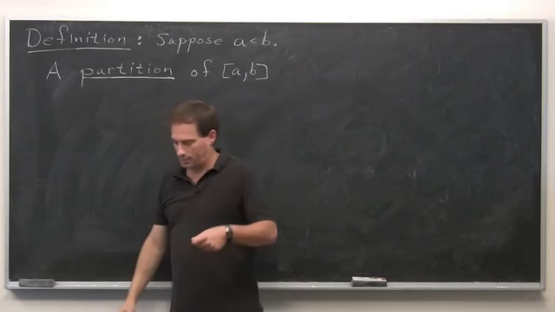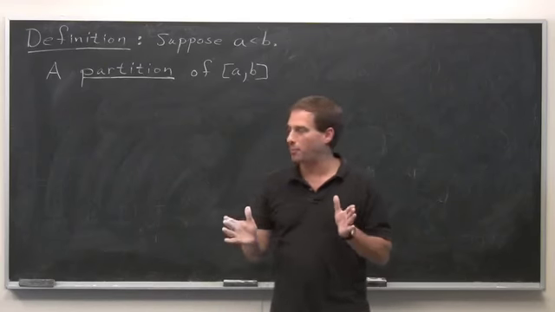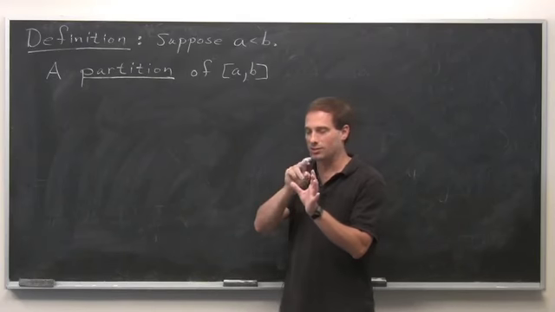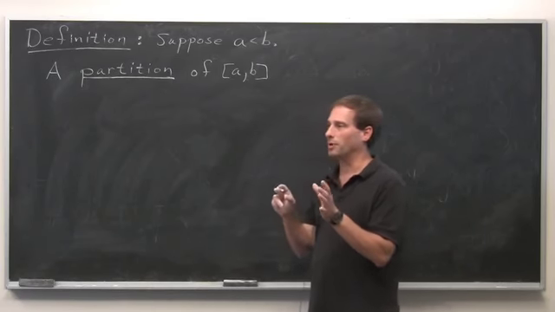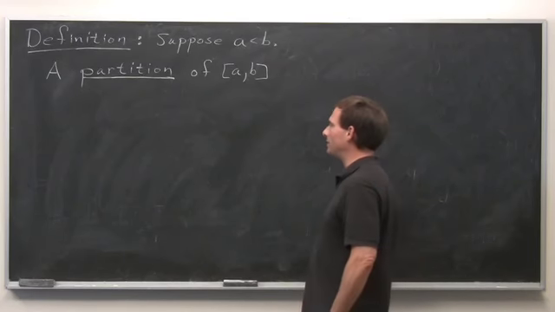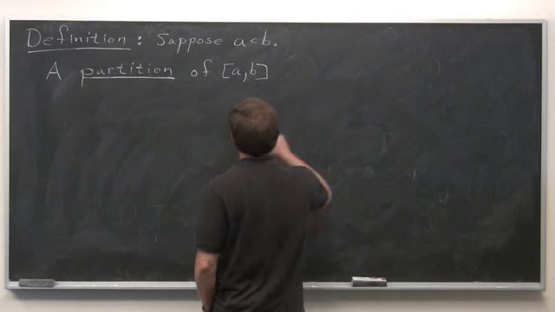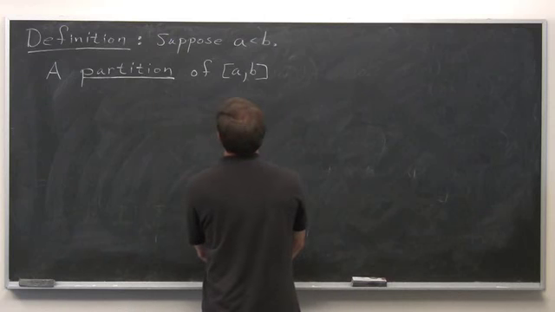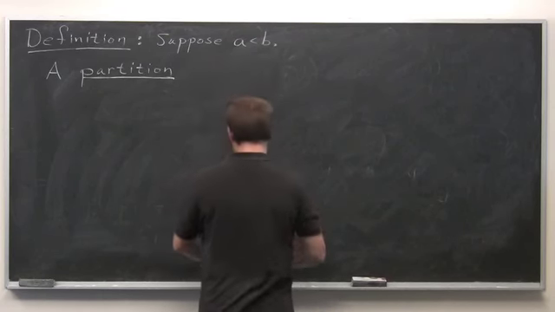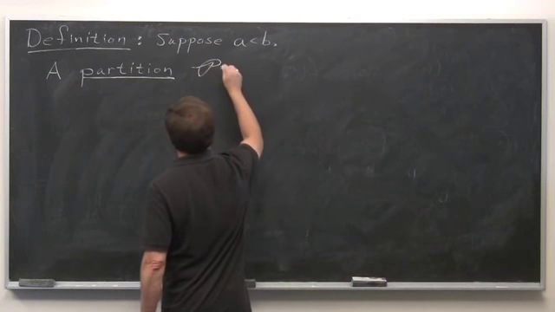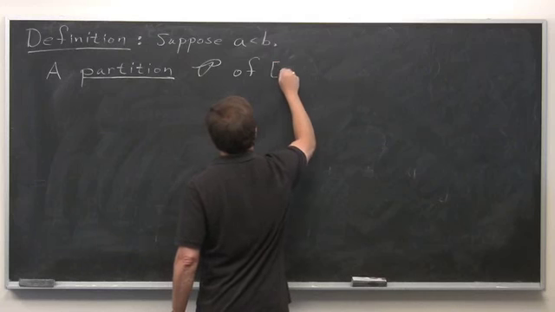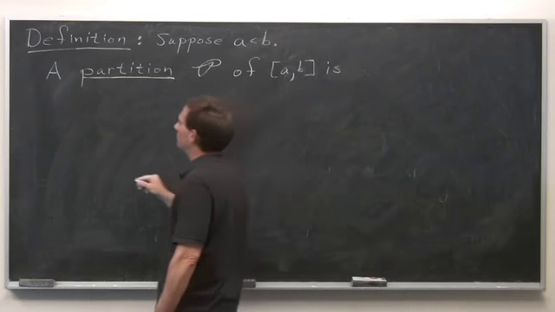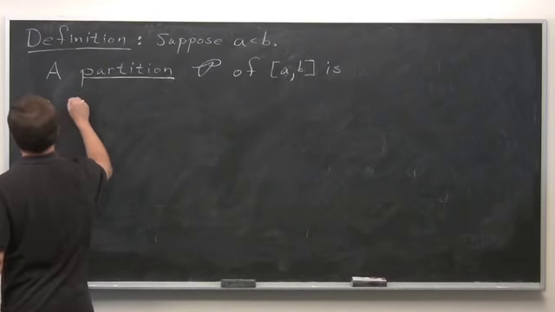We'd like for it to be the subintervals that we chop [a, b] up into, but it's easiest just to say that the partition is a set of endpoints of the subintervals, because that's an easier piece of data to talk about. Partition of [a, b], I guess I'll use a script P for this. A partition P of [a, b] is an ordered set, but I'll just use set notation.